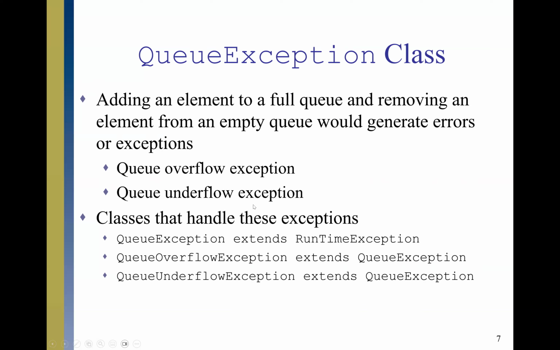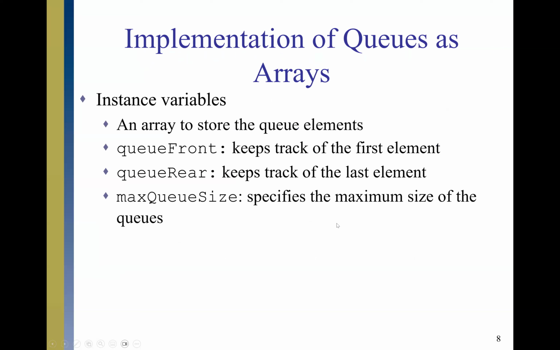Java comes with built-in exceptions for queue overflow exception and also queue underflow exception. The classes that handle these exceptions are: QueueException extends RuntimeException, and QueueOverflowException extends QueueException, and also QueueUnderflowException extends QueueException. Again, this exception is built into the Java system.